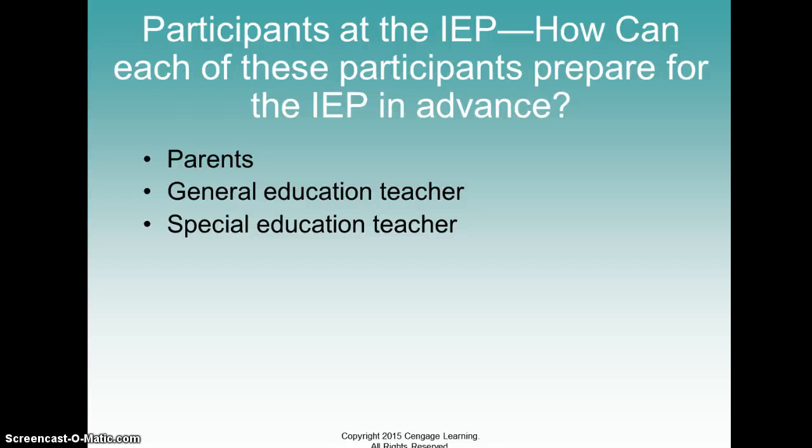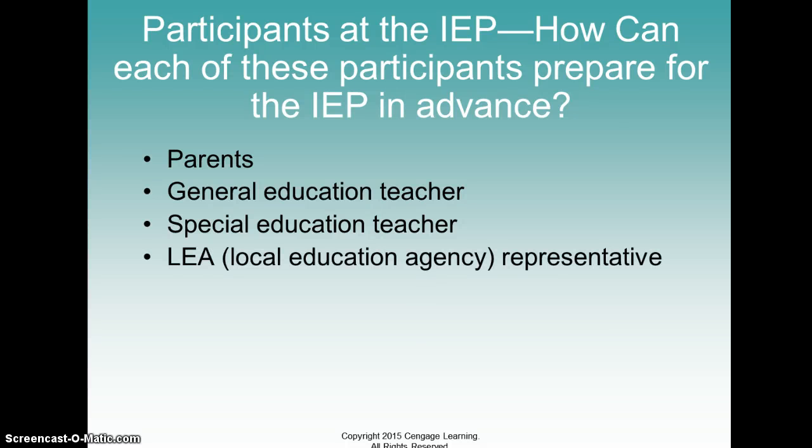The special ed teacher is going to work with the general ed teacher to review and make sure that we have a comprehensive set of work samples and test results. The local education agency representative is going to review the written material so they can be prepared to make recommendations.